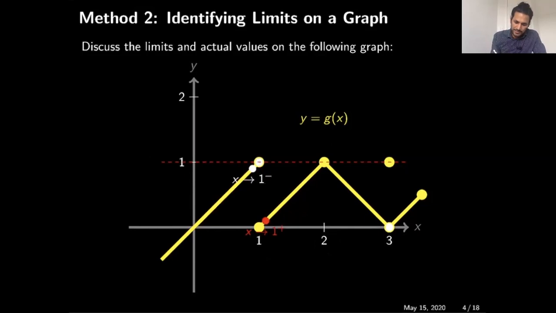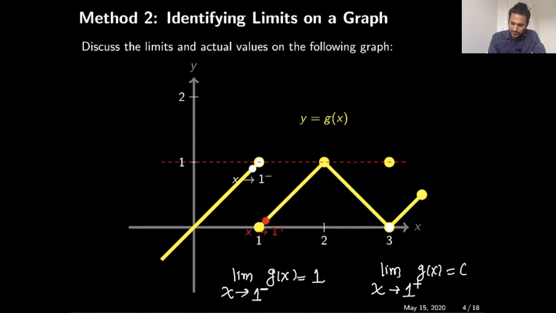So I will say that the limit as x approaches 1 from the left of the function g of x is equal to 1. But when I'm on the right side of 1, the graph of the function is approaching 0. The y value is heading towards 0. So we will say the limit as x approaches 1 from the right of g of x is equal to 0.